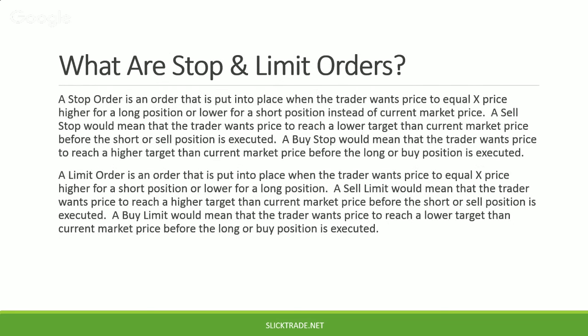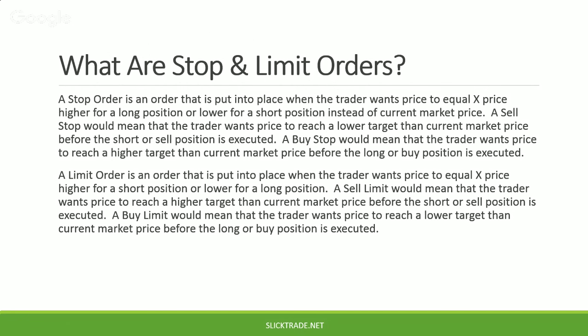If you don't know what a stop or limit order is, okay, a stop order is an order that is put into place when the trader wants price to equal X price higher for a long position or lower for a short position instead of the current market price. A sell stop would mean that the trader wants price to reach a lower target than the current market price before the short or sell position is to be executed.